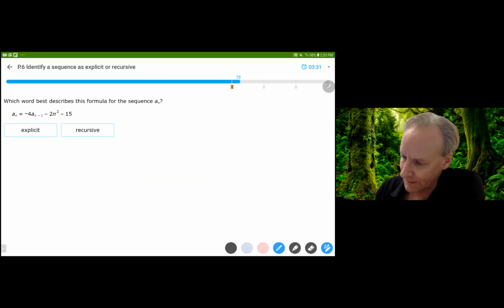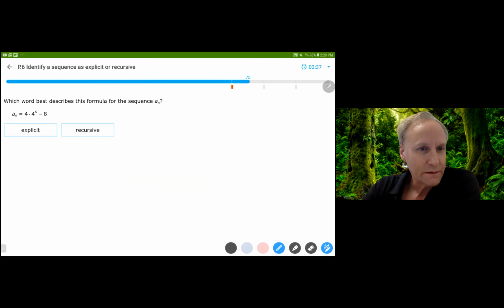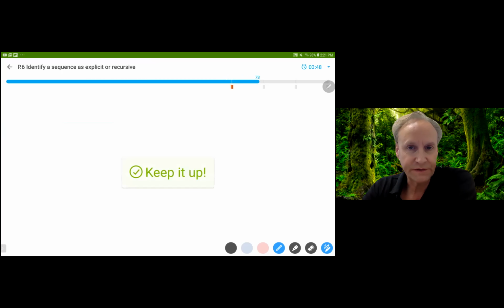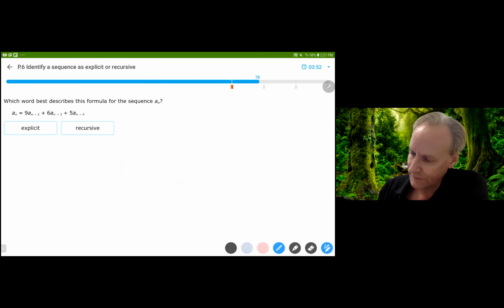This one has a former term, so it's recursive. This one has no former terms. I know you're thinking that little n matters, but that n is an exponent and it is explicit. It's a geometric sequence, by the way. This one is definitely recursive.